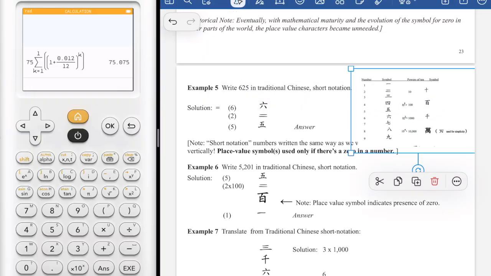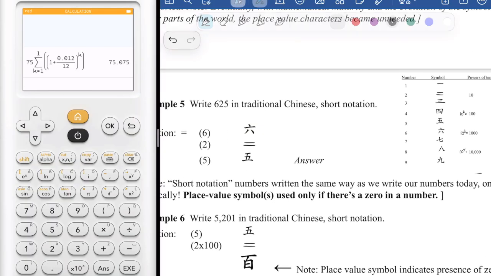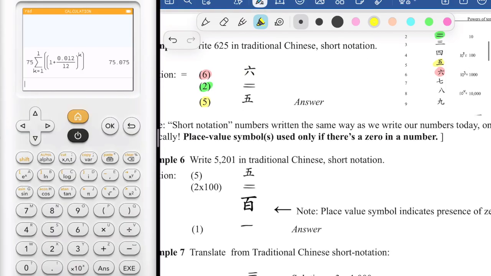All right. So really, that's all we're doing here. If I want 625, I'm just grabbing the character for 6, 2, and 5. All right, and that's all that's really happening.